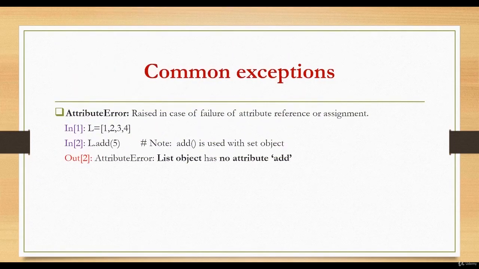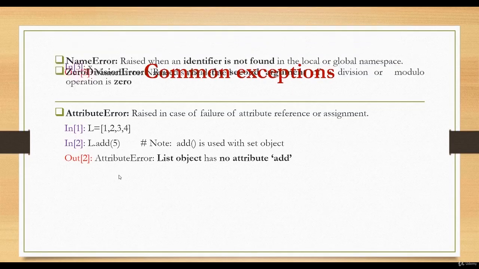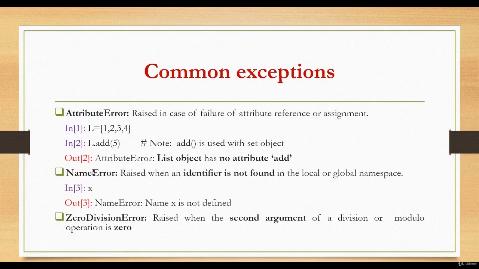Attribute error. In this example, you want to use this add method with a list, but add is used with a set object. List does not have this add method, so it is giving attribute error. Name error.